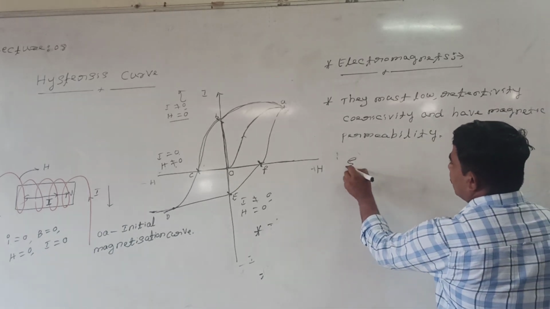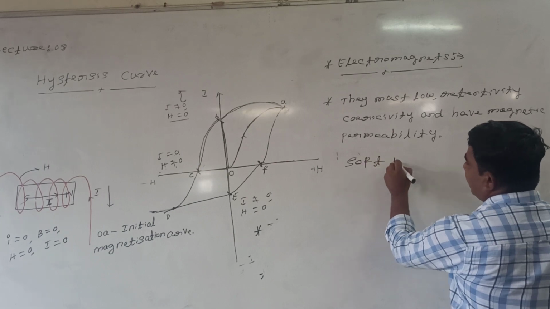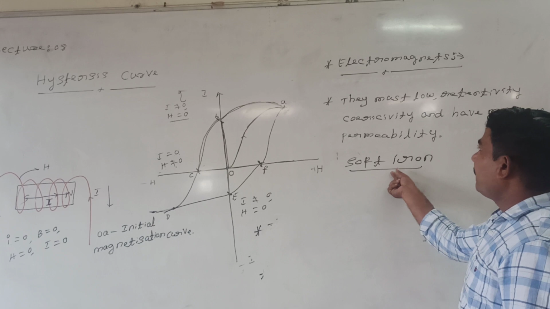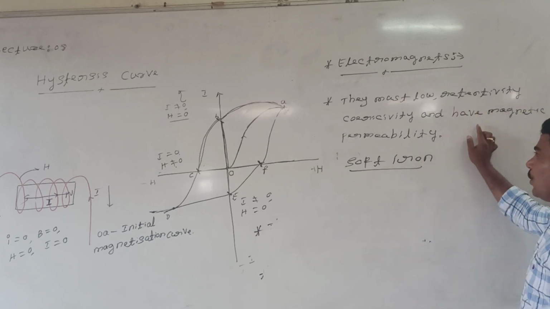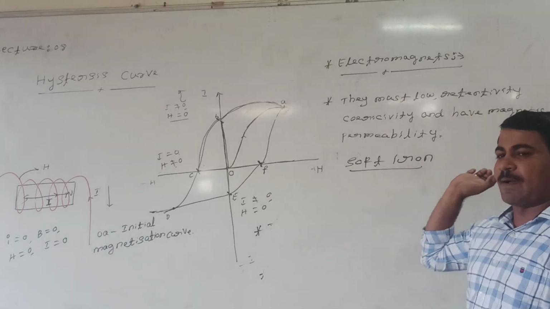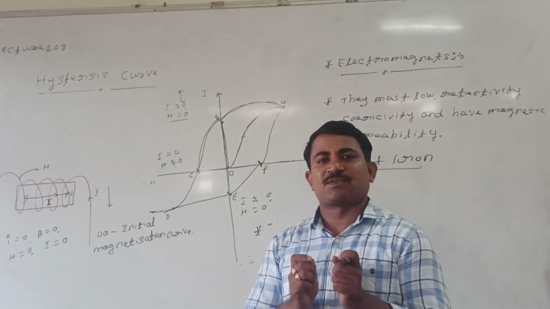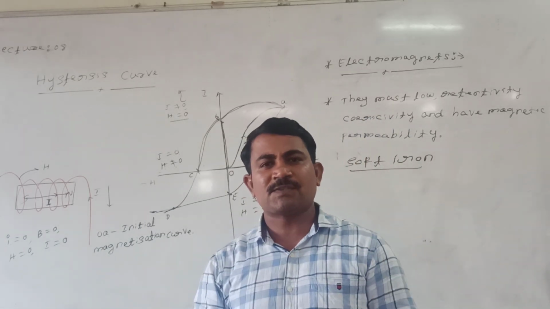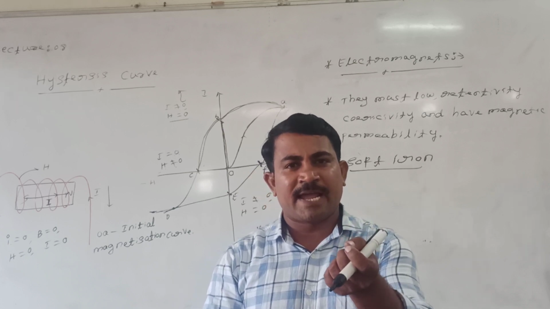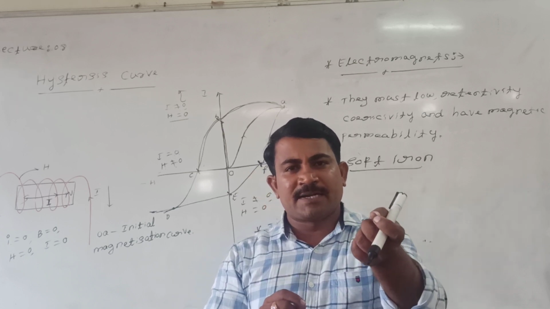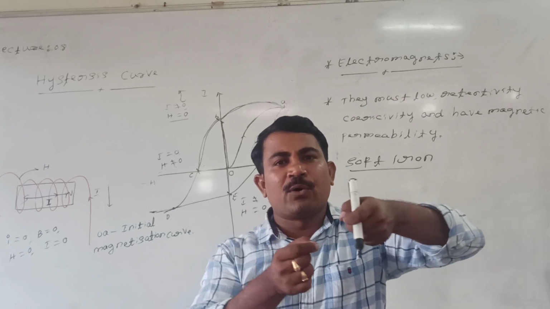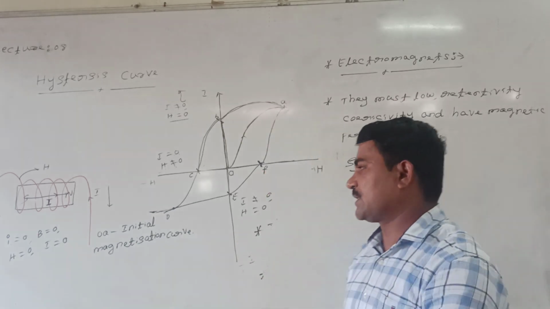Soft iron is the best example for electromagnets. This soft iron has low retentivity, low coercivity, and high magnetic permeability. Due to that reason, soft iron is used in a transformer core, because it gets easily magnetized and easily demagnetized.